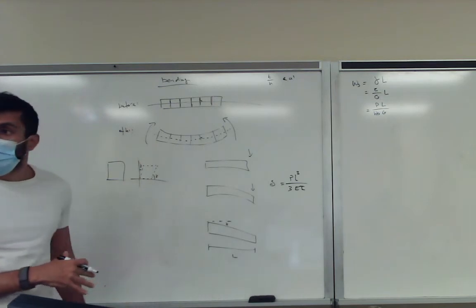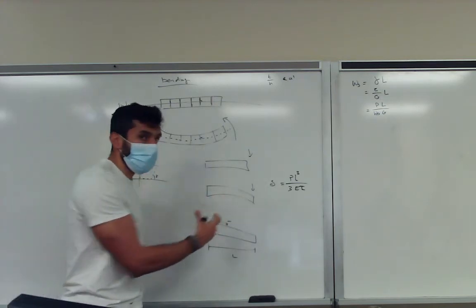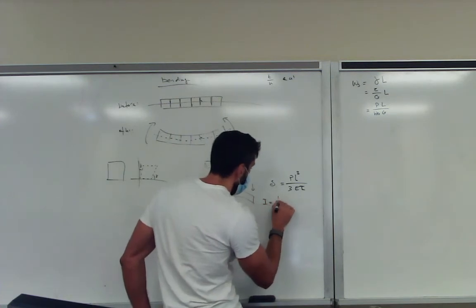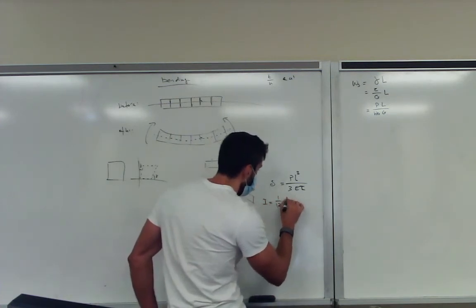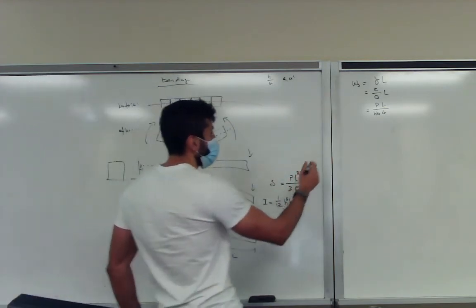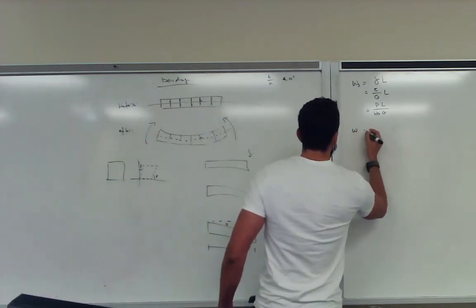From the previous lecture, we know that for a box section beam, I is 1 over 12 H cubed B. So we can plug that in, and let's call this deflection the bending deflection.